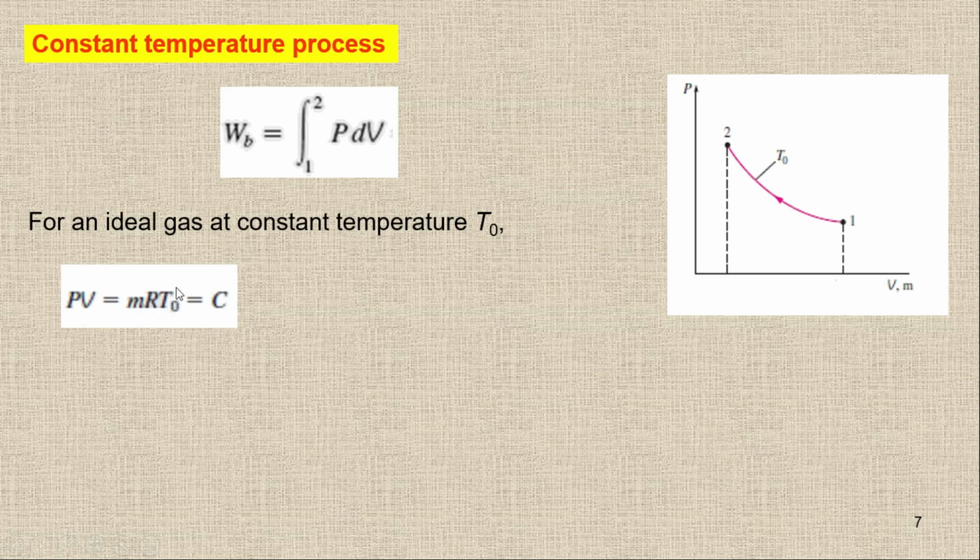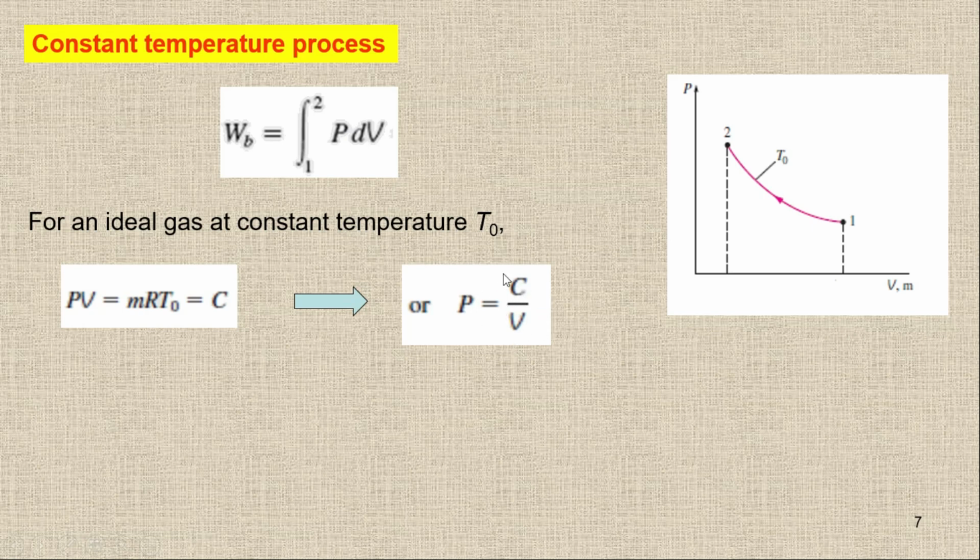And T is constant because we are talking about the constant temperature process. So this whole term is a constant value. So I can say the pressure is equal to C upon V, where C is constant. So I can replace this P by C by V.